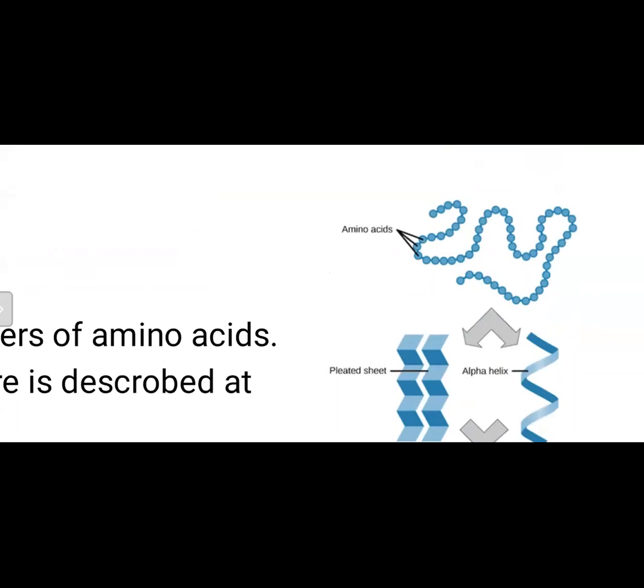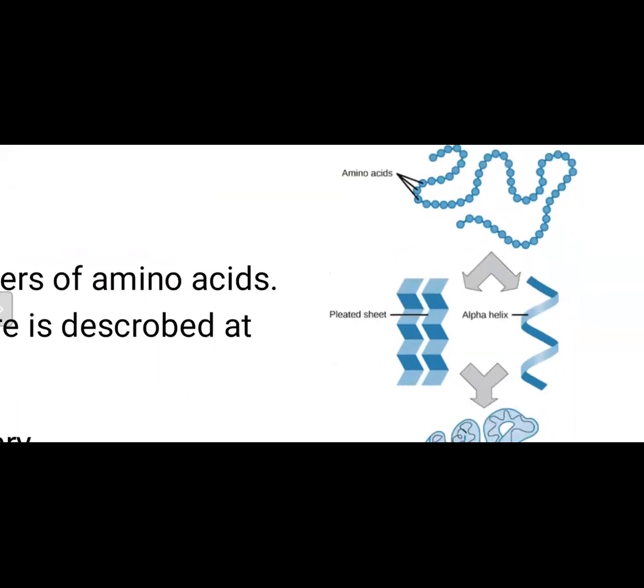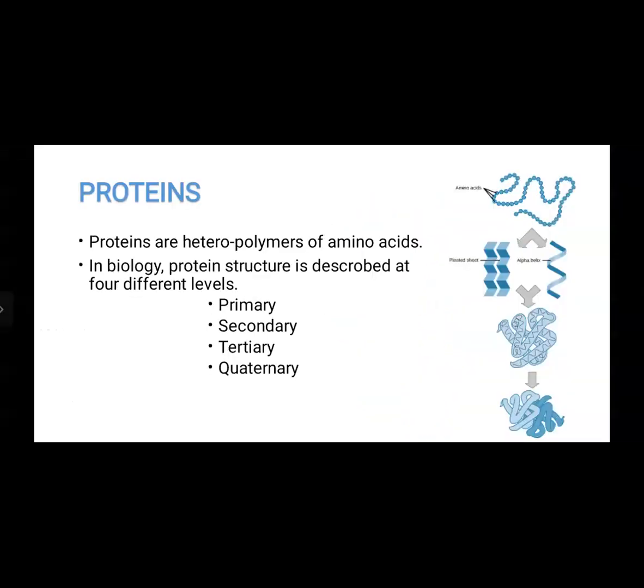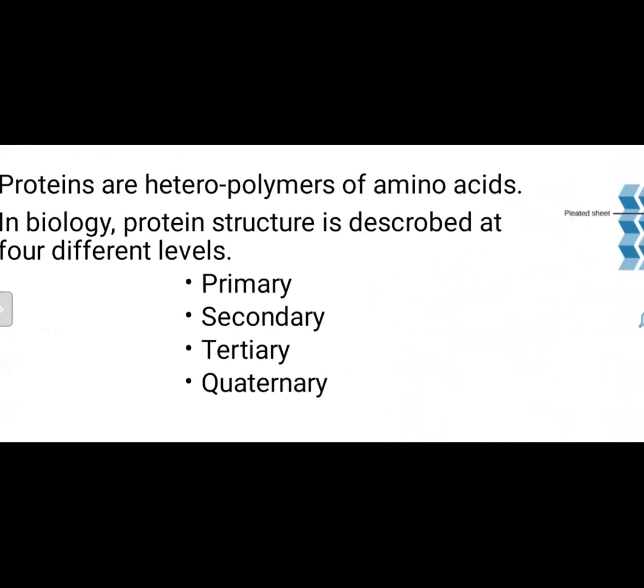So this is the long chain of amino acids, and the chain of amino acids is nothing but a protein. The protein has 4 different structures. The protein structure is classified at 4 different levels. One is the primary structure, another one is the secondary structure, the third one is the tertiary structure, and the fourth one is the quaternary structure.